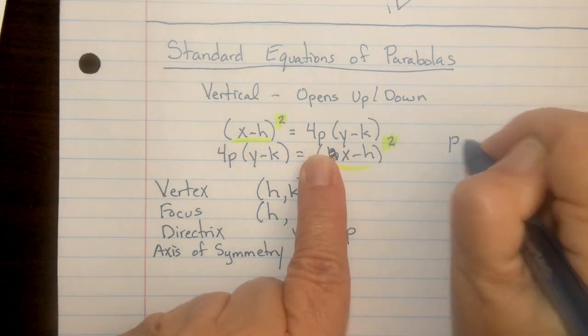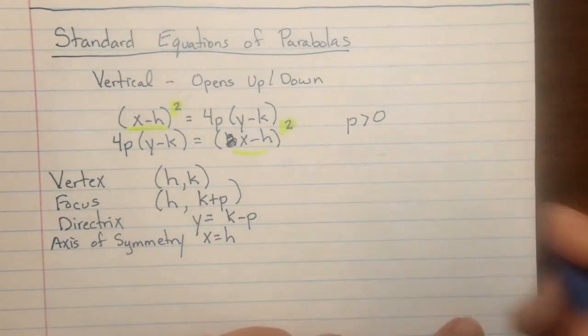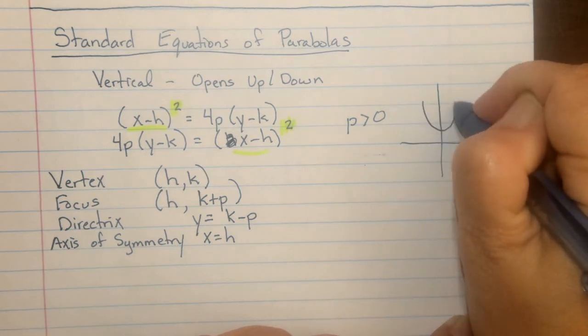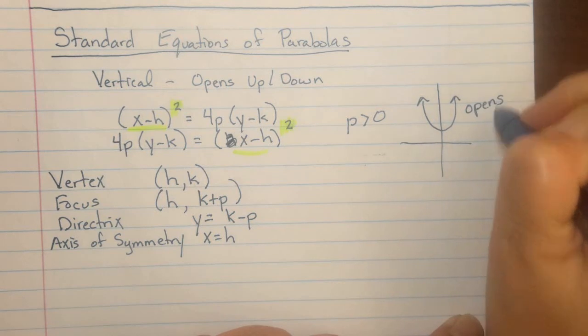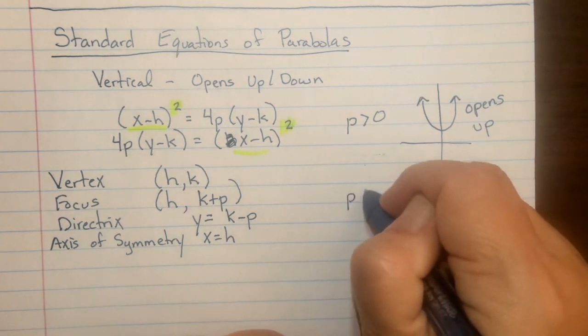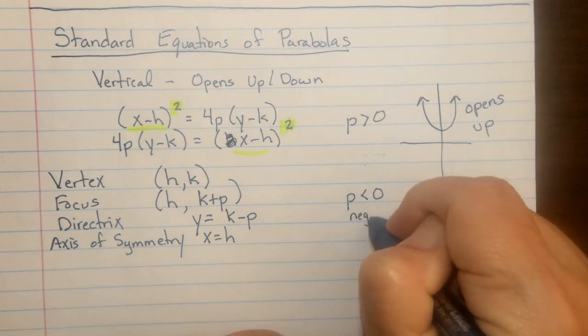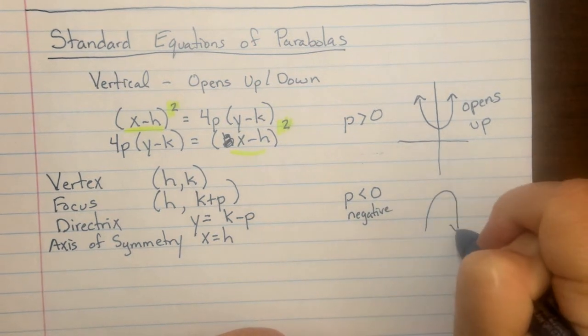If p is greater than 0, if p is a positive number, that's when your parabola is going to open up. And whenever p is a negative number, p is less than 0, that's when your parabola is going to open down.